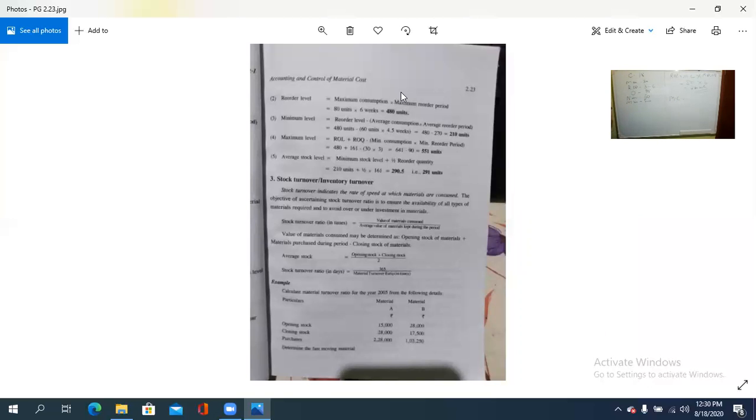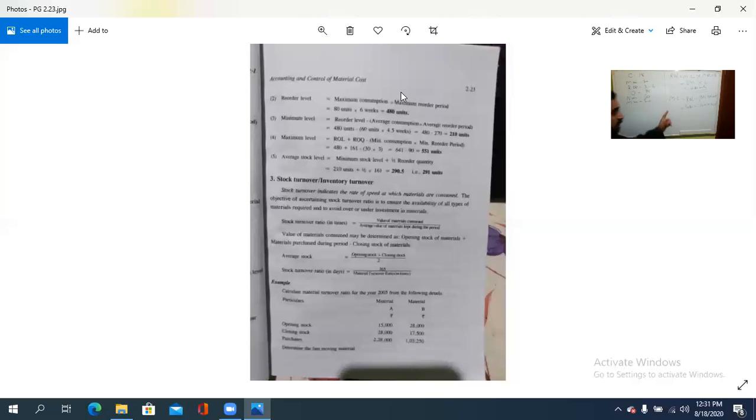Minimum level is equal to reorder level minus the normal consumption into normal reorder period. So reorder level 480 minus normal consumption 60 into normal reorder period.